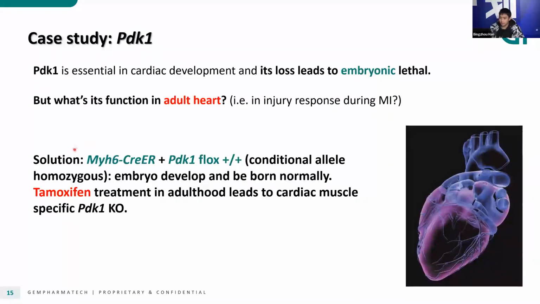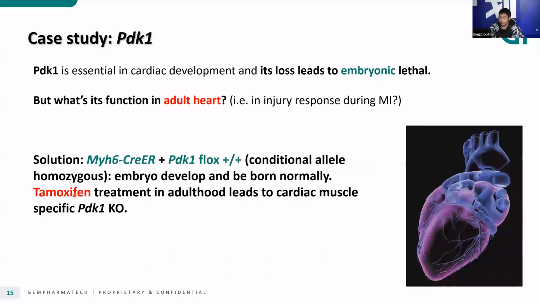In this case, we can use the myosin heavy chain 6 promoter-driven Cre-ER to cross with the homozygous flox mice of PTK1. Because we don't give any induction in early development, the PTK1 function will be retained in the embryonic heart, and it could develop and be born normally.